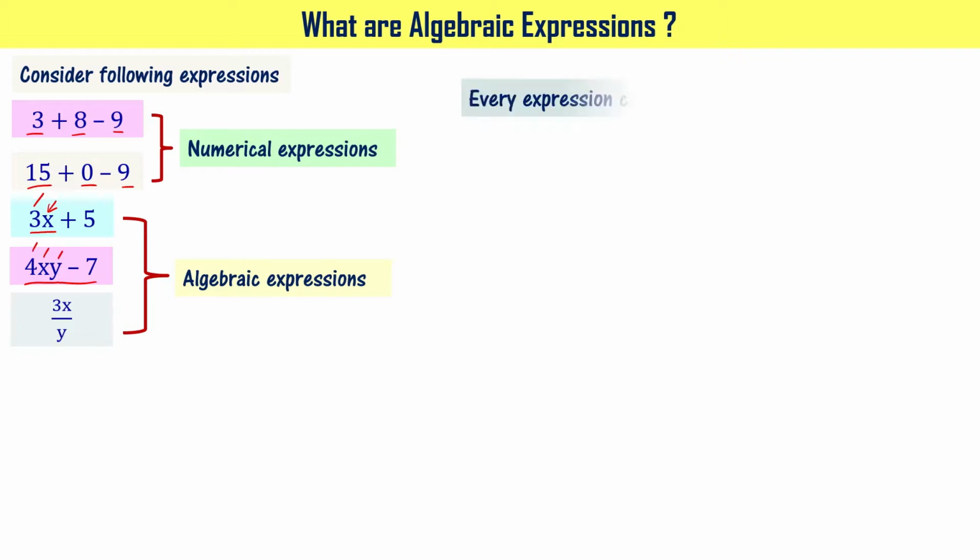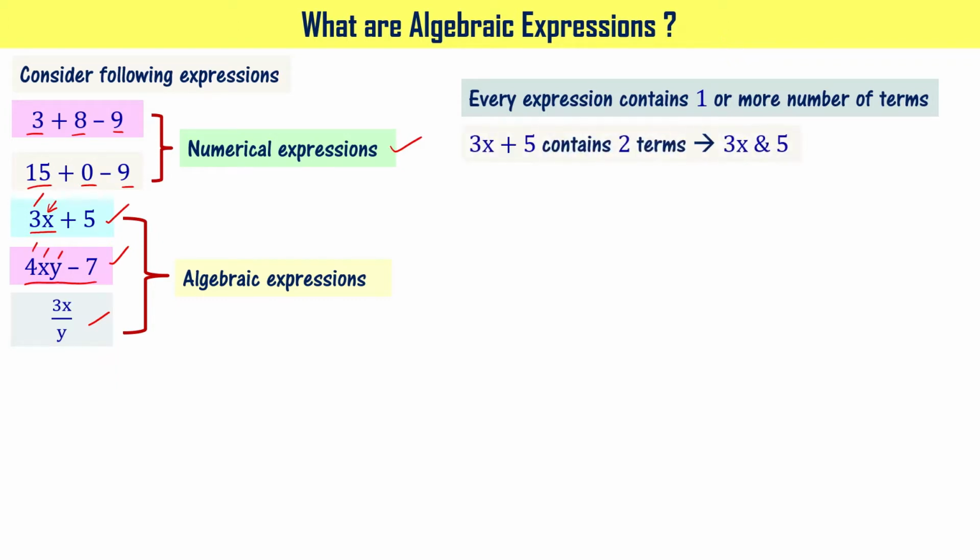As you see here, every expression contains one or more terms, right? In this particular case, we have only one term. For these two cases, we have two terms. And for numerical expressions, we have three terms, right? Let us consider the expression 3x plus 5.